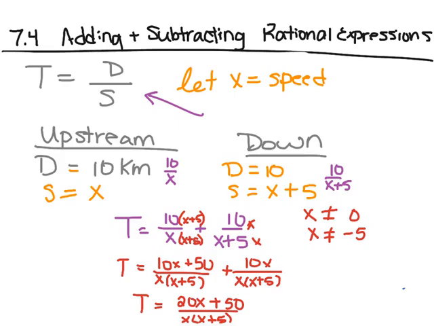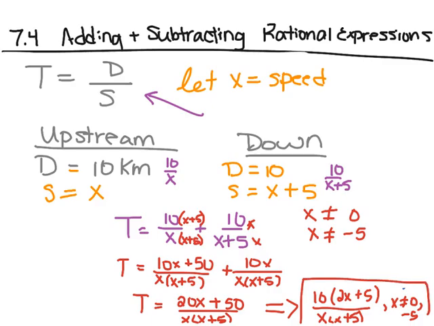And you could take out a 10. So 10 times 2x plus 5 over x plus 5 when x does not equal 0 or negative 5. So here is our equation to find the time for the canoe trip.